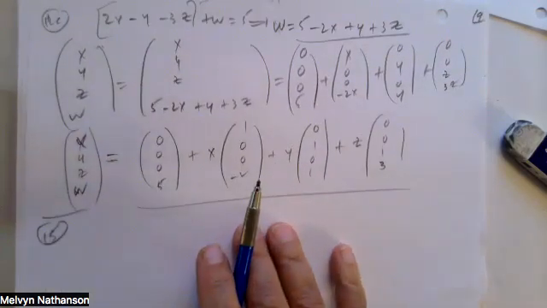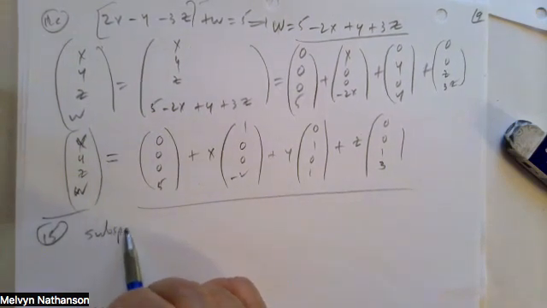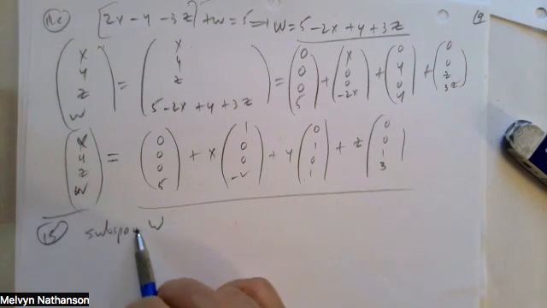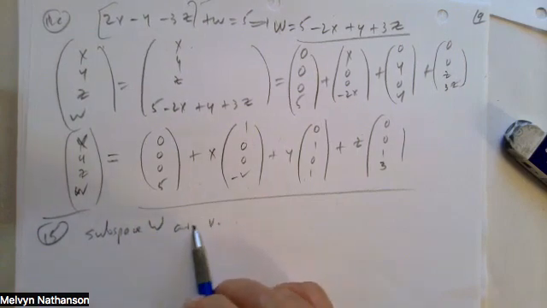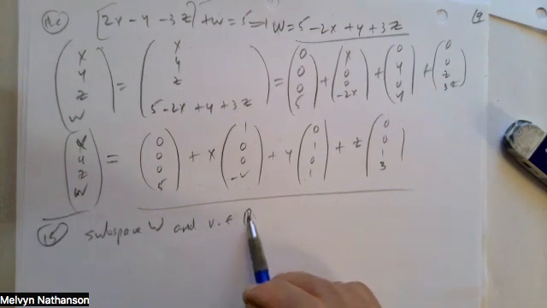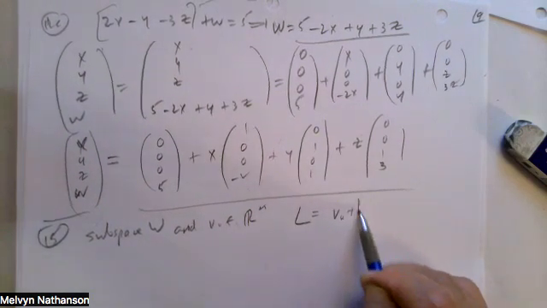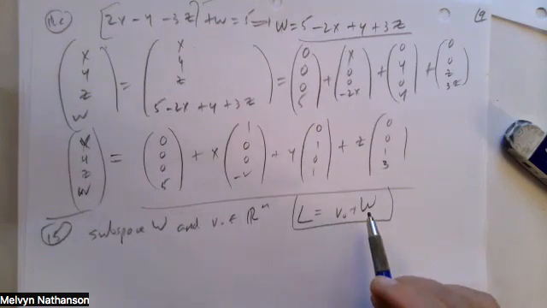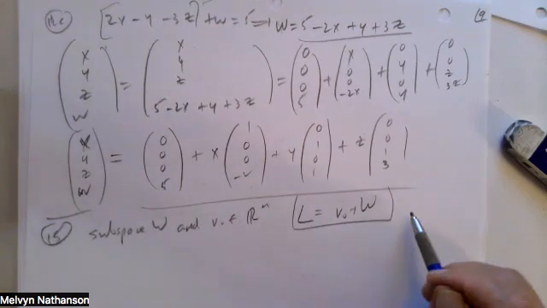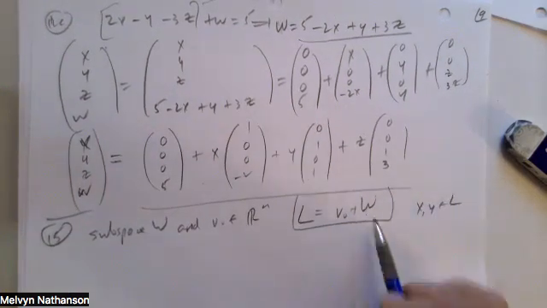So in number 15, we have a subspace W and a vector V naught in Rn. And we look at the affine subspace V naught plus W. And suppose we take X and Y in this subspace. So what does that mean?